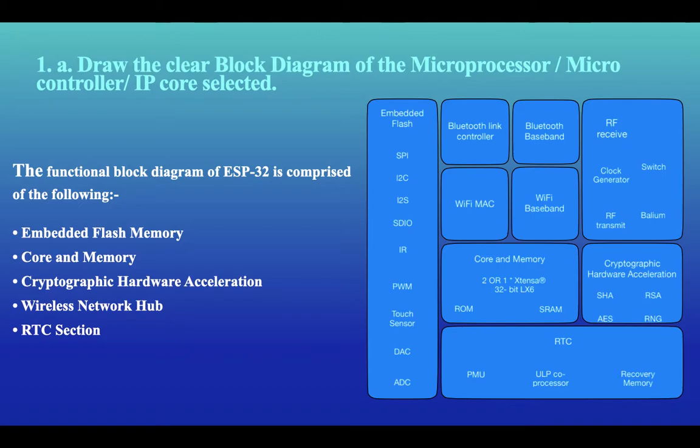The ultra-low power coprocessor in the RTC section allows one to do ADC conversions, computation, and level thresholds while in deep sleep. One big advantage of using this ESP32 module is that it has preloaded low-level device drivers, the wireless protocol stacks for Wi-Fi, Bluetooth and BLE, and FreeRTOS as the base OS.